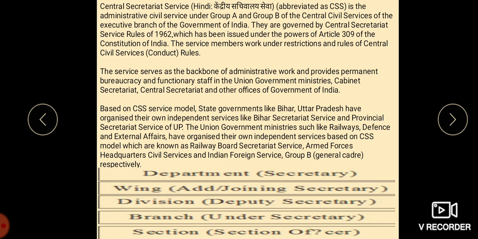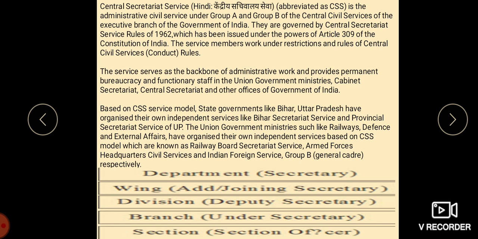Based on the Central Secretariat Service model, state governments like Bihar and Uttar Pradesh have organized their own independent services, like the Bihar Secretariat Service and the Provincial Secretariat Service of Uttar Pradesh.